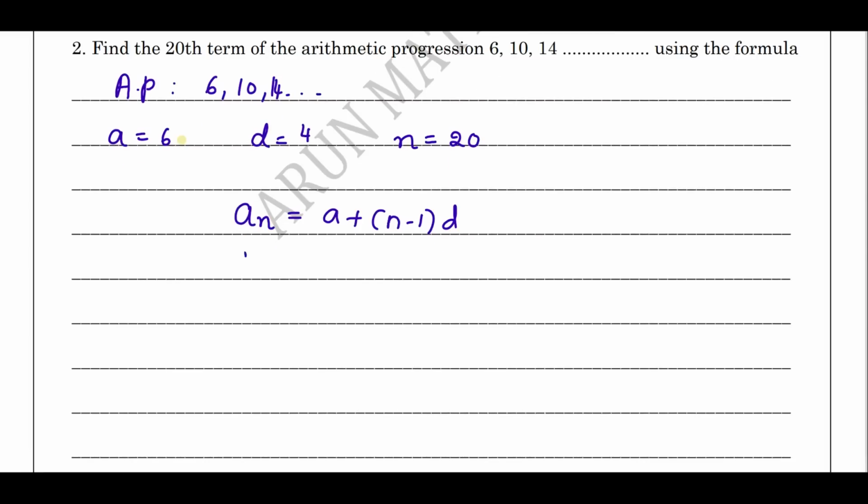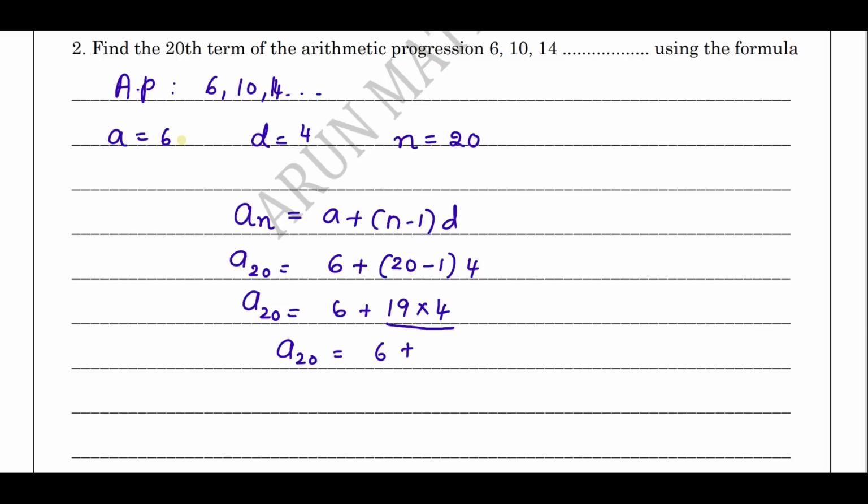Here we should find a20 equals a plus, that is 6 plus, what is n? n is 20 minus 1, d is 4. a20 equals 6 plus 20 minus 1 is 19 into 4. Now a20 equals 6 plus, first do multiplication.